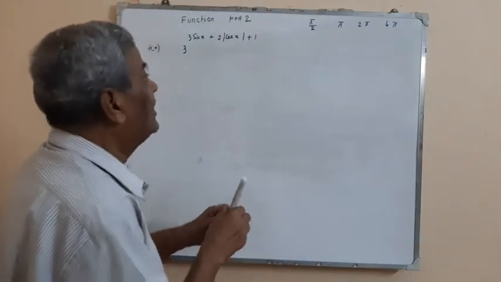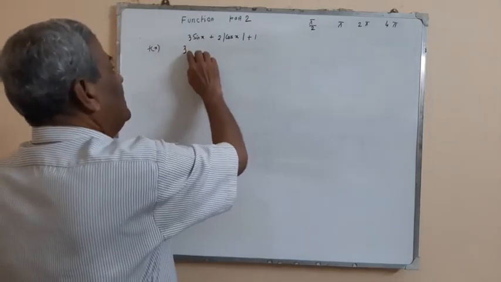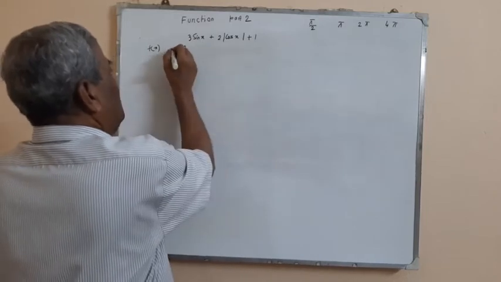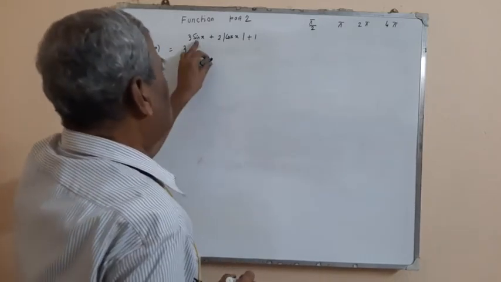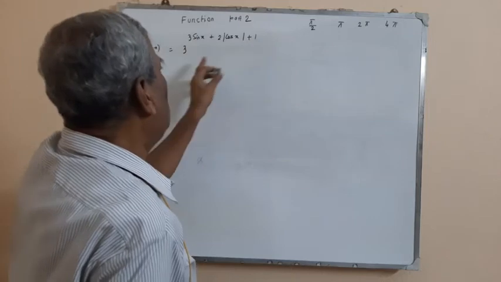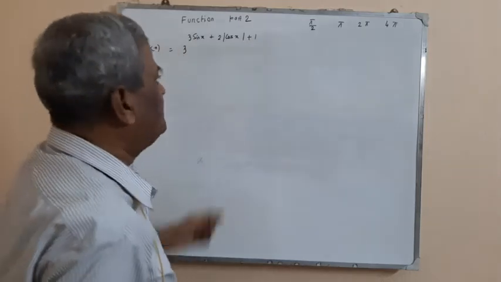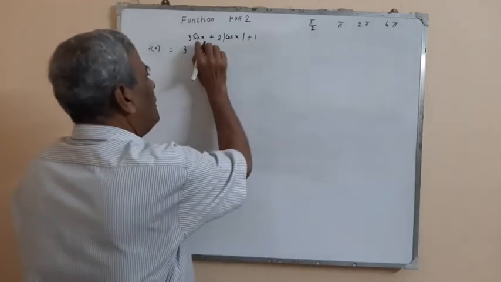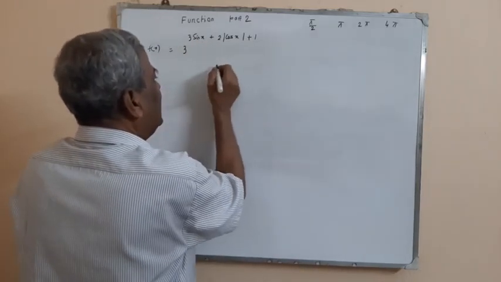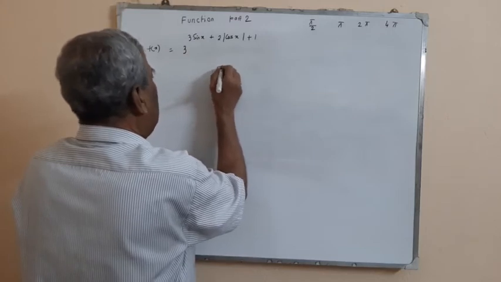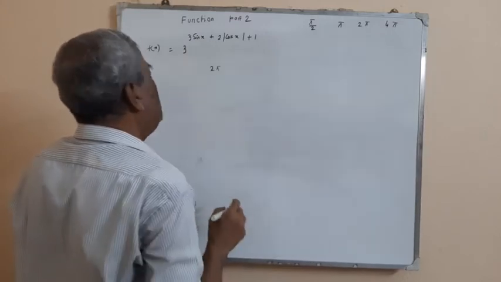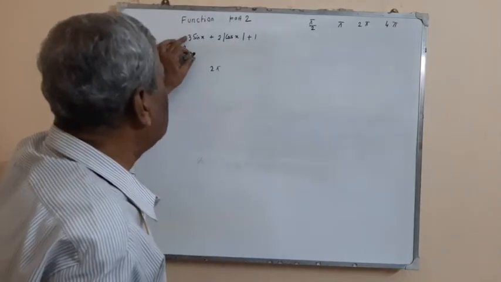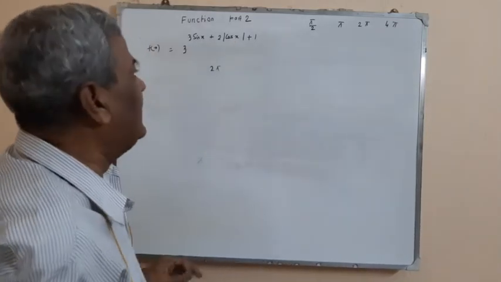Actually, this function, which is in power of 3, it is periodic. So its period will be the period of the function f(x) because 3 is constant. Now we know that for the first part 3 sin x, its period is 2 pi because the period of sin x is 2 pi. And 3 is a constant multiplier, so it is immaterial.